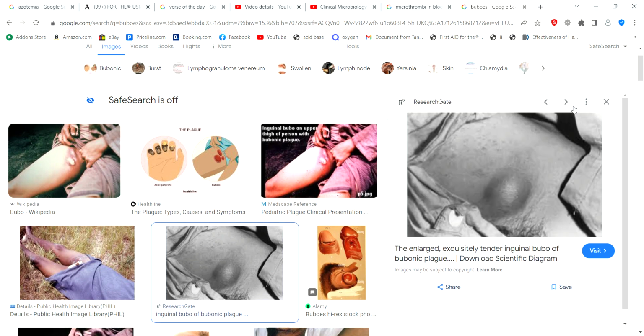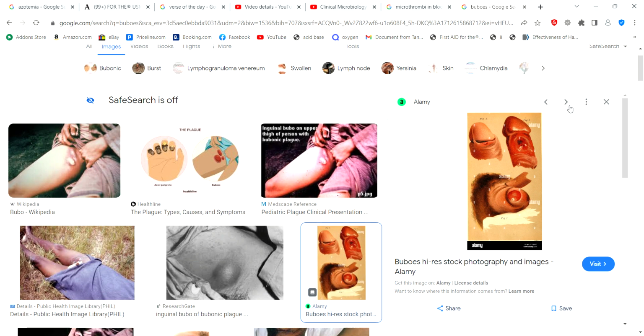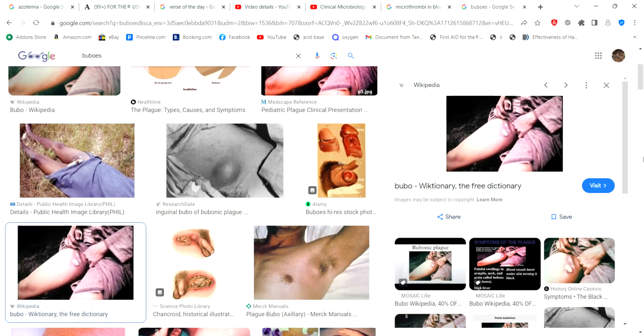I wouldn't say it's late stage, but I would say it's a very bad case of chlamydia. It's a terrible case of chlamydia. It's caused by types L1, L2, L3, one of the more potent types of chlamydia. Buboes are very painful, very painful ulcers.